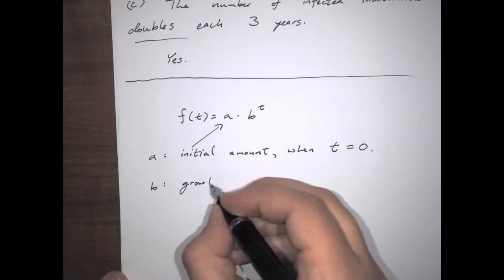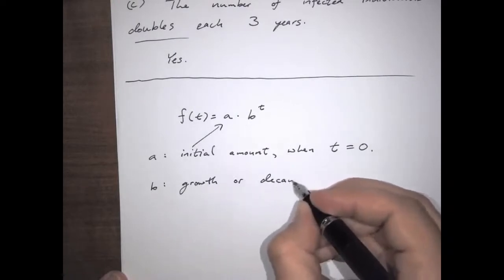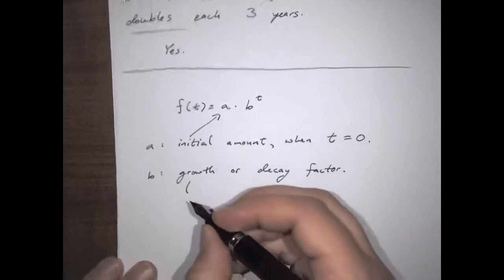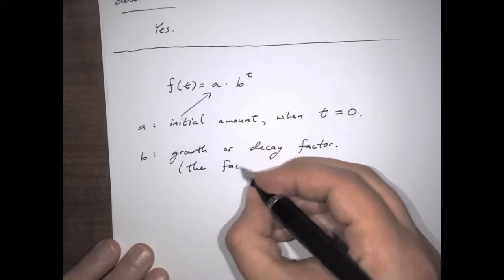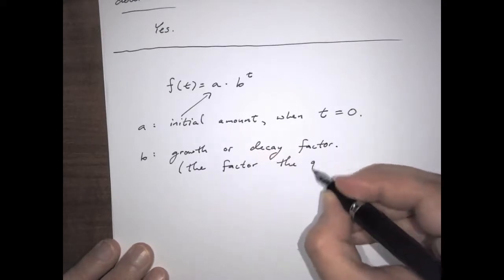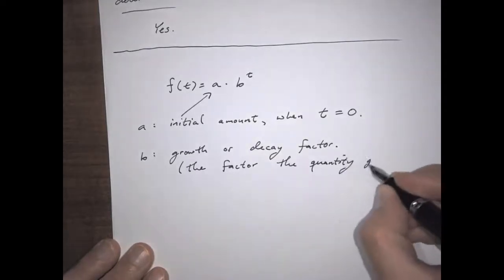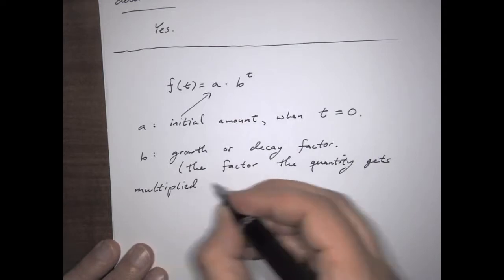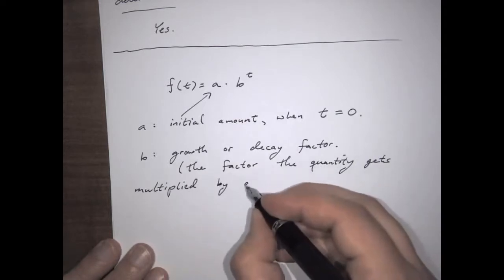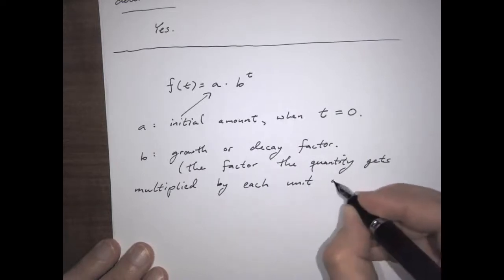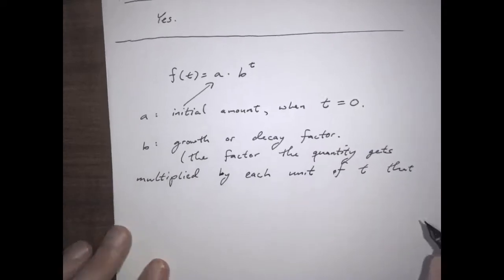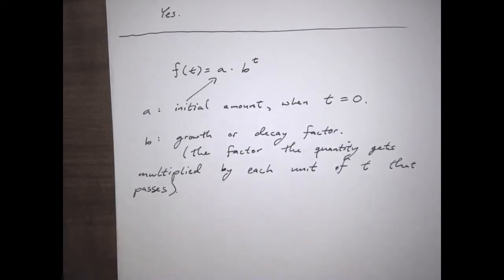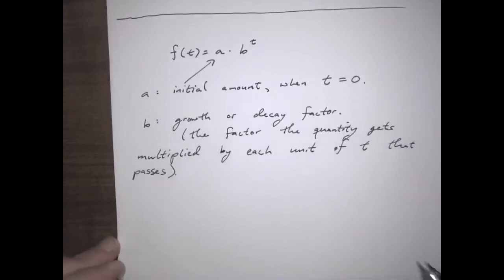This is the factor the quantity gets multiplied by each unit of t that passes.